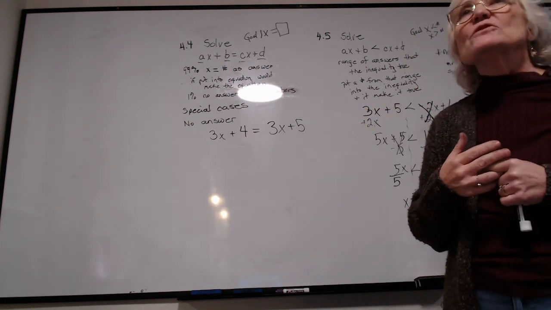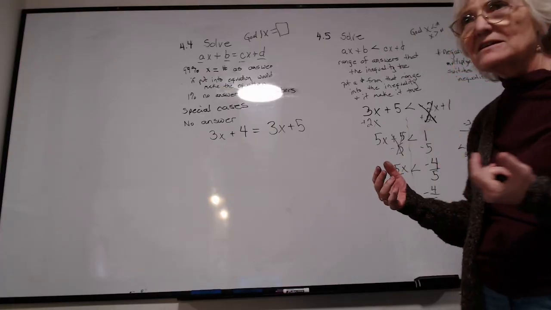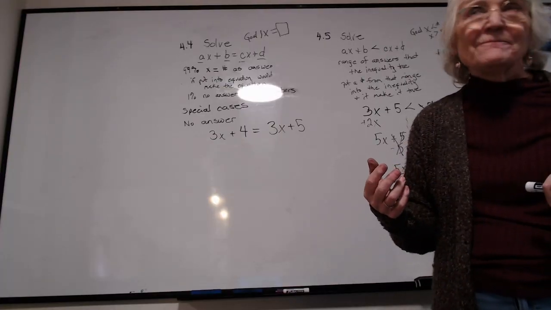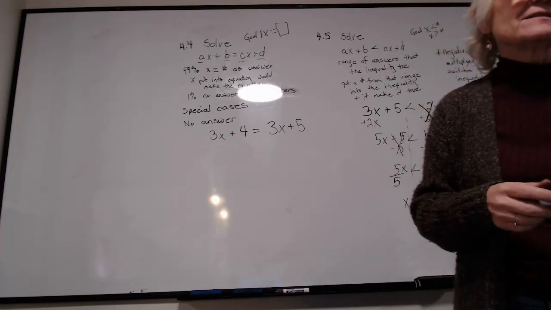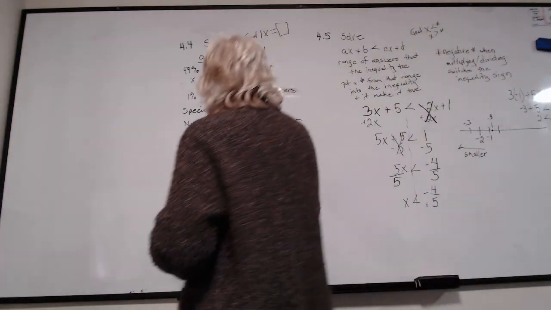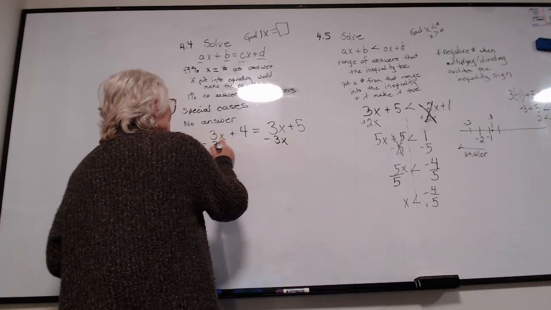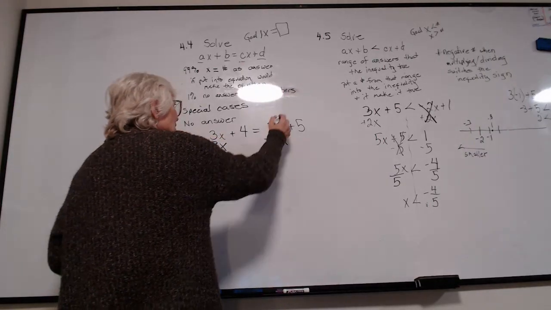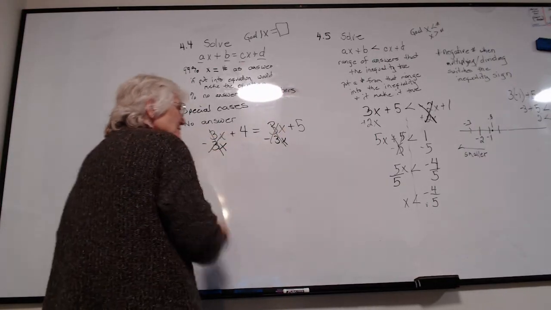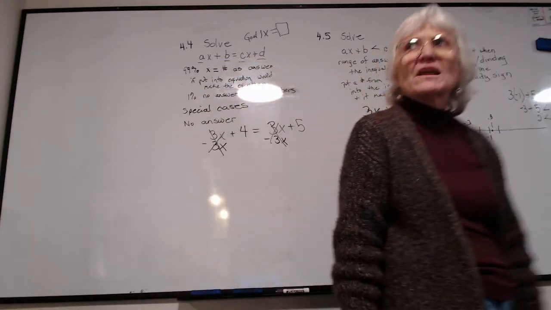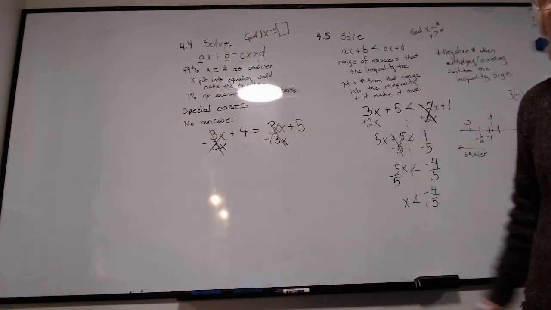But what I want to show you is when you work with this, what happens. Okay, so you can identify it. So if I go to move 3x, I'm going to move 3x here, I'm going to move 3x here. Huh, what happens to my x's? They disappear. They all disappear, there's no x's left.